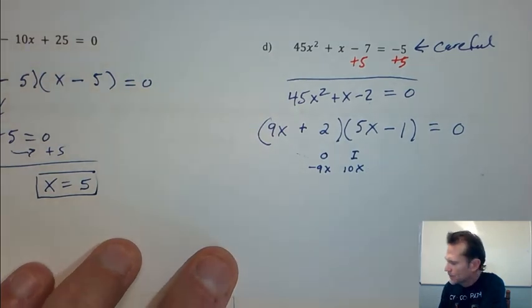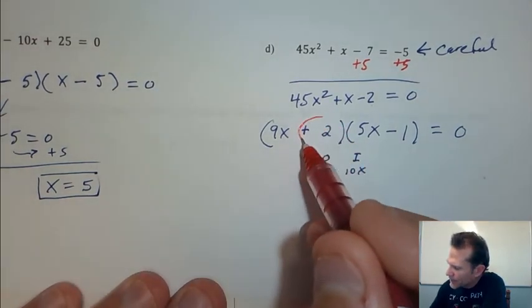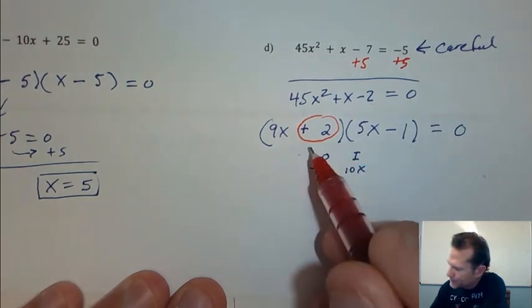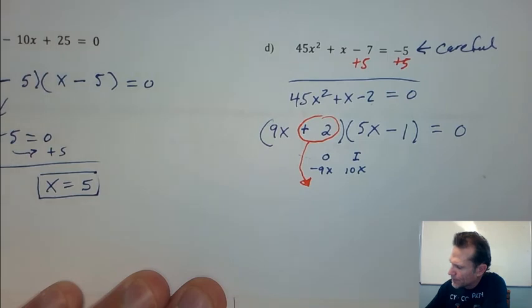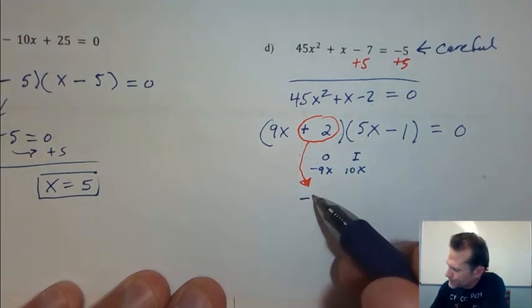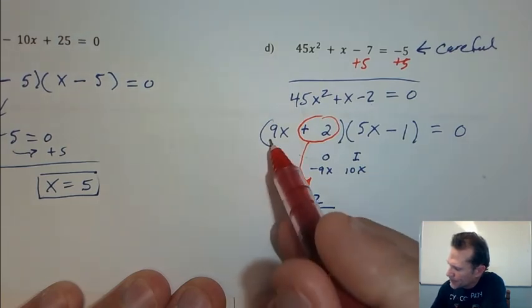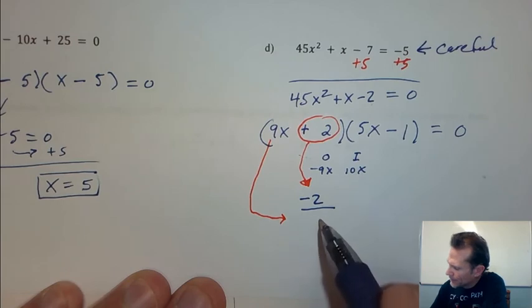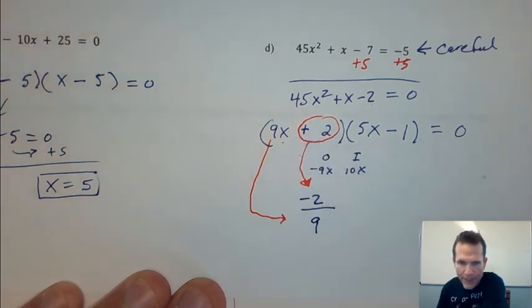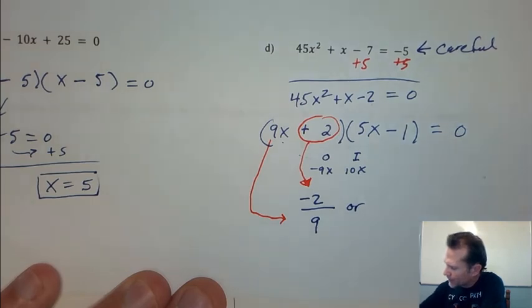Okay. So let's try the shortcut technique on this one. Change the sign on this. Okay, so I'll bring that down. Negative 2. Put it over the coefficient on the x term. Or change the sign on this.